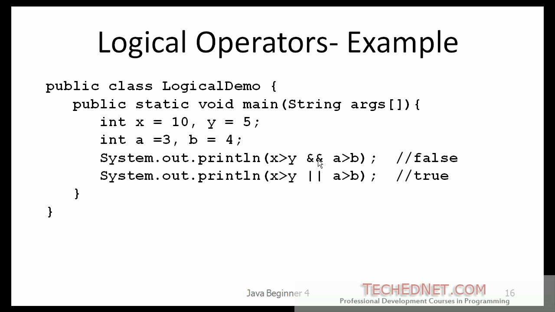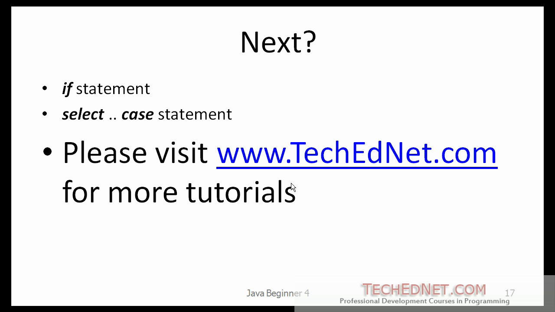How about if you want to ask the question, is x greater than y or a greater than b? Then this is how you would write it, and the answer here is true because at least one of these statements is true.